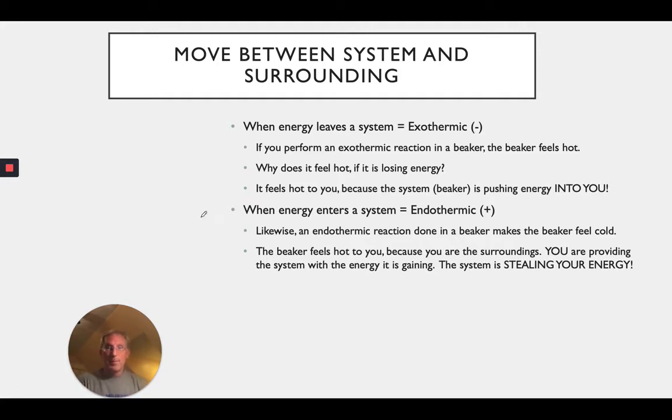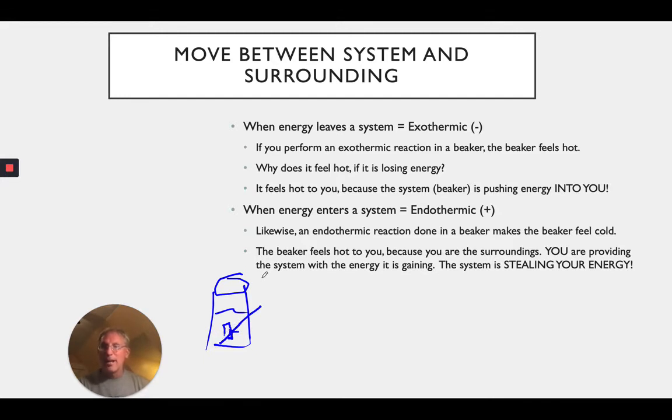Here's my beaker. Boom, here's my stuff. And the chemicals inside here, which I'm just going to represent by a rectangle, are trying to absorb energy. So they need energy to come from outside the system and enter right there.